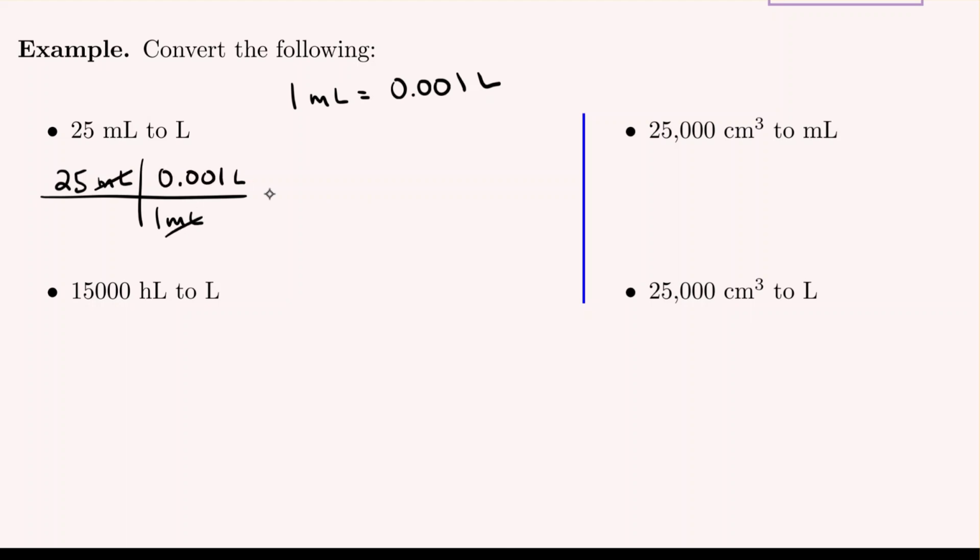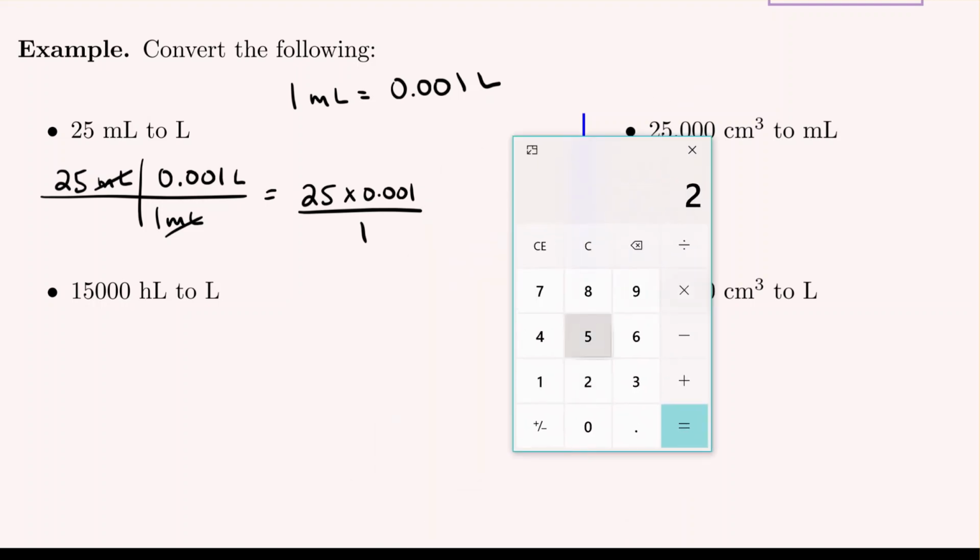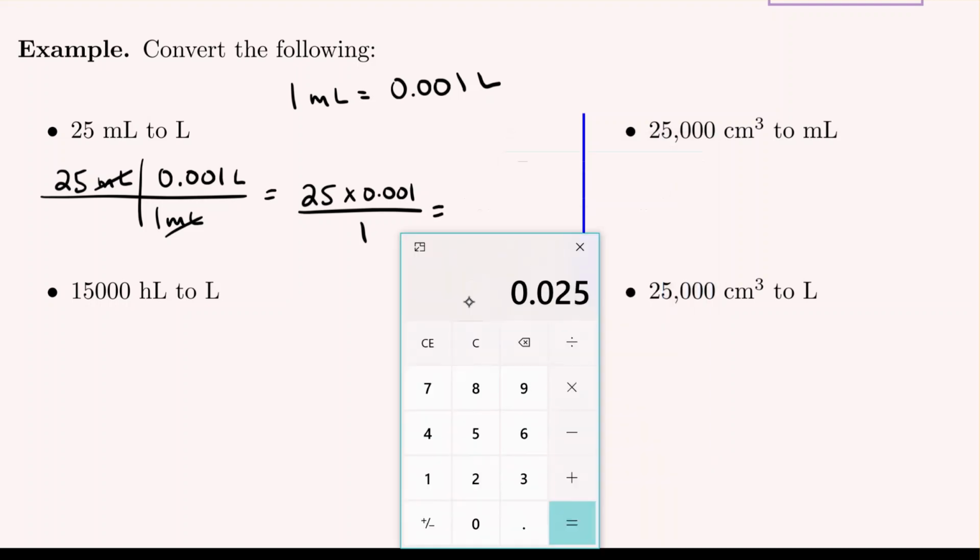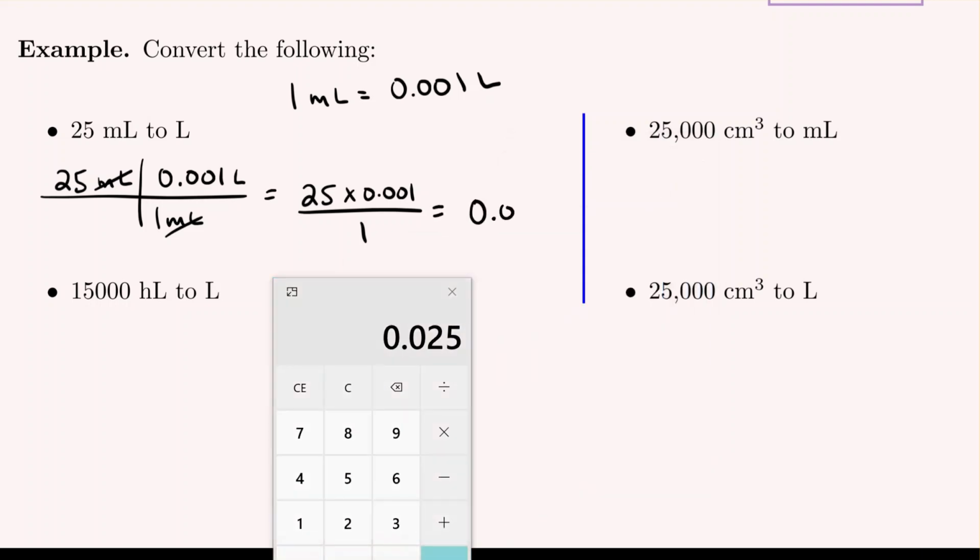These will cancel, and we know it will end up being 25 times 0.001 divided by 1. And we get 0.025 liters.